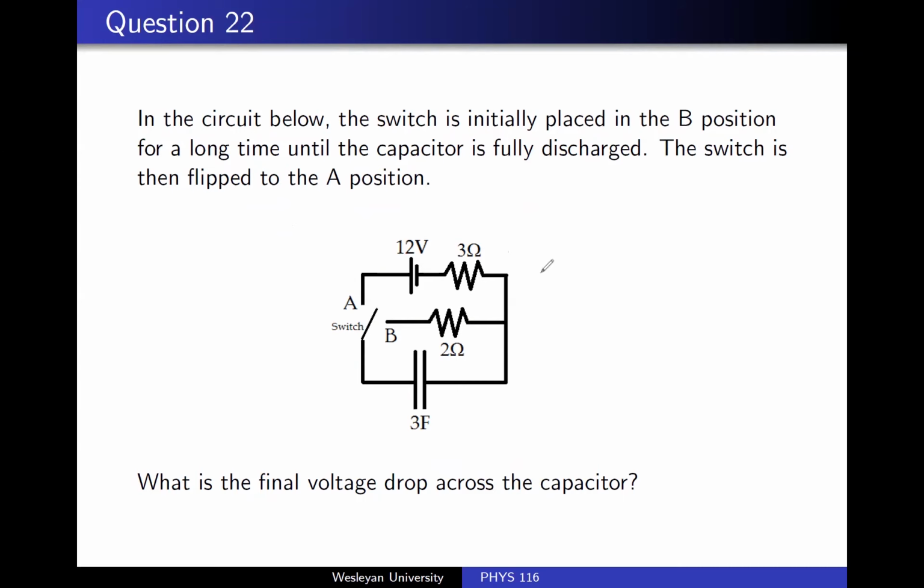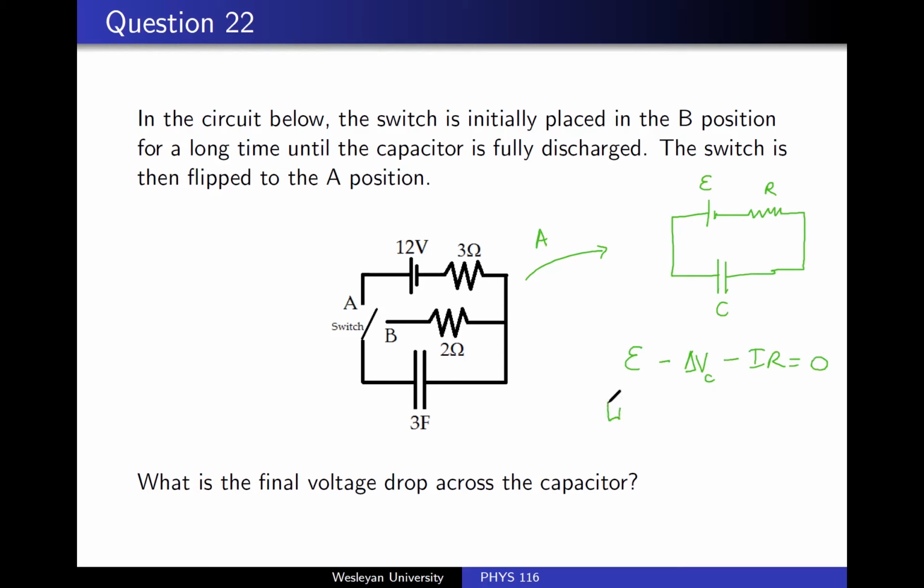Well, as mentioned before, we can draw the circuit when the switch is in position A. We have the battery, the capacitor, and the resistor. And if we do the Kirchhoff loop rule, going around, say, counterclockwise, we have E minus delta V_C, which is the voltage drop across the capacitor, minus IR is equal to 0.